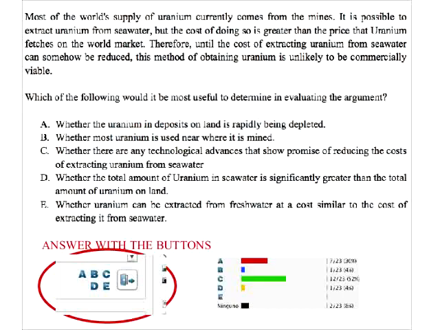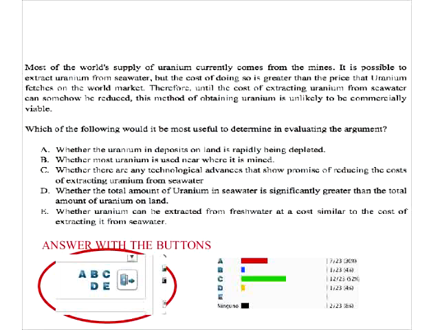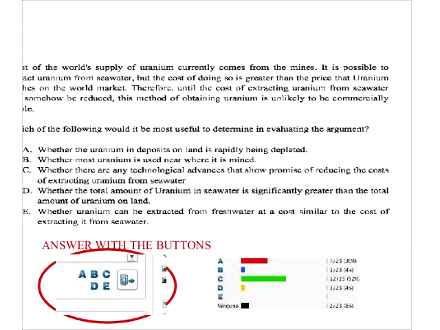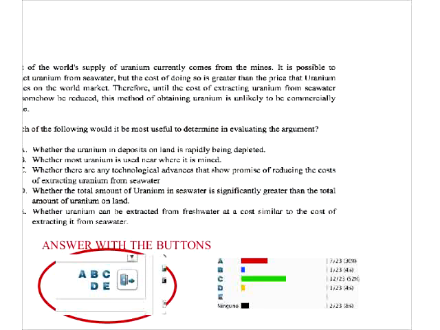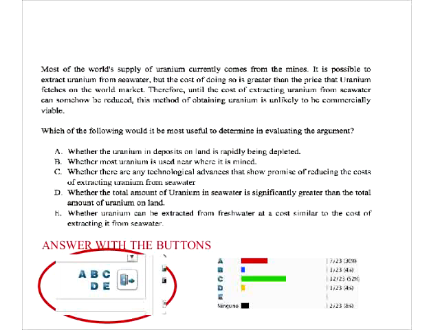Here's the deal. The argument says, until the cost of extracting uranium from seawater can somehow be reduced. So this means that we don't care about extracting uranium from seawater because that's been excluded from the argument.